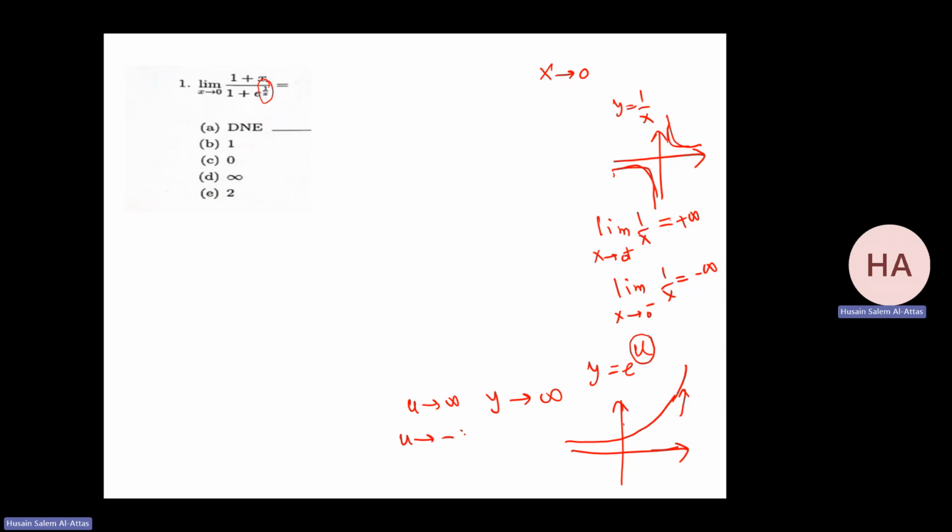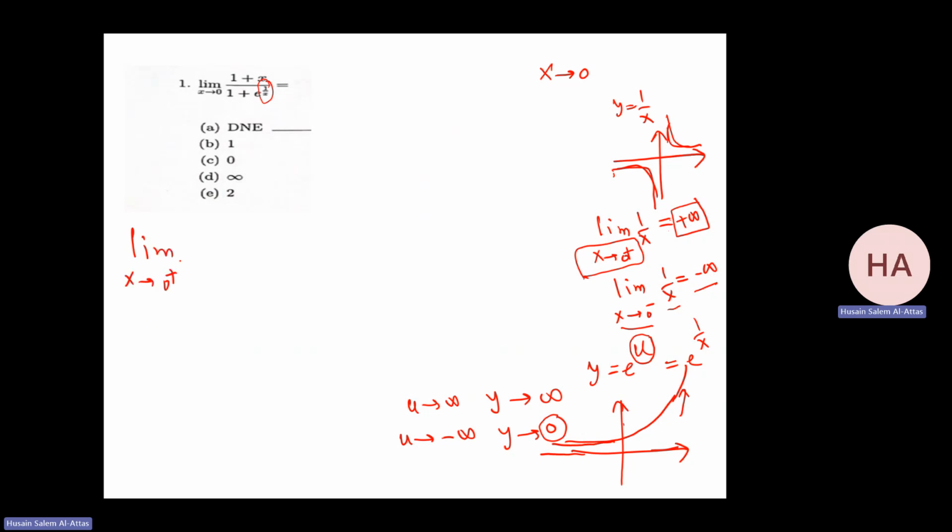But if u goes to minus infinity, y will go to 0. So if I let x go to 0 from the right, then 1 over x goes to plus infinity, and the exponential of 1 over x, where u is 1 over x, will go to infinity. But if x goes to 0 from the left, 1 over x goes to minus infinity. So e to the minus infinity will give me 0.